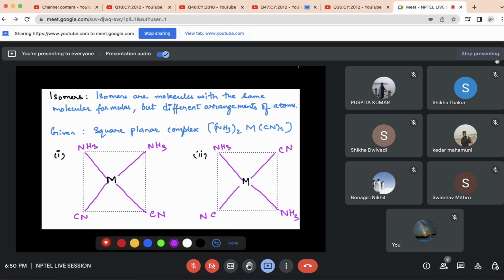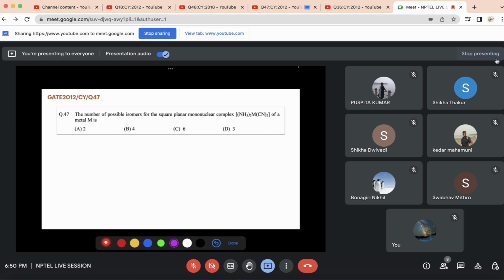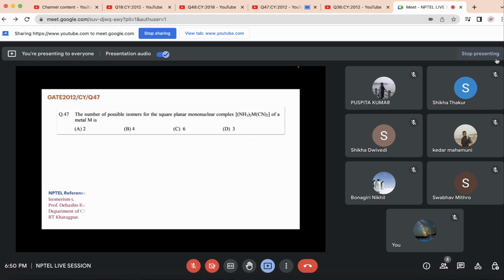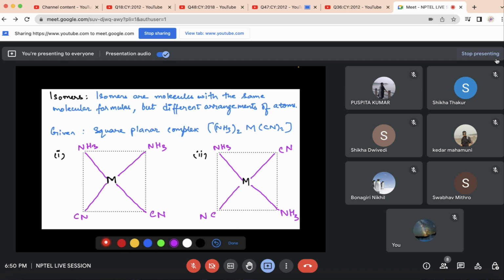So we have a total of two isomers. So the possible isomers are either in a cis or a trans condition. When we have the same kind of ligand on one side, we call it cis, and when we have the same ligand at the opposite of the diagonal, then we call it trans.